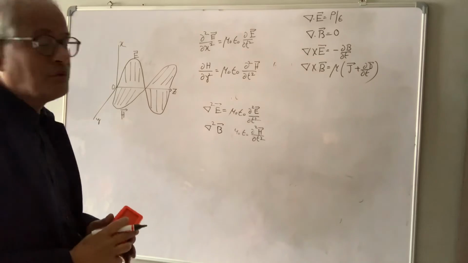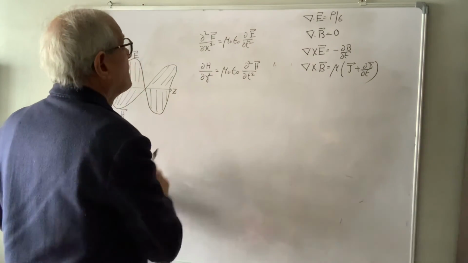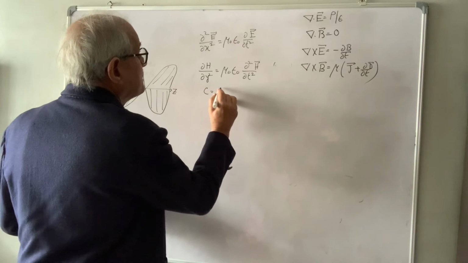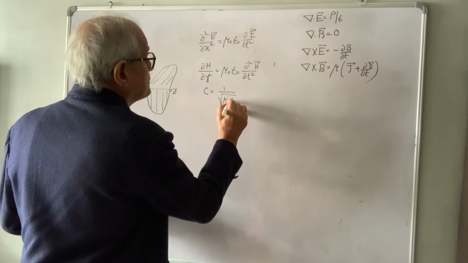These are familiar wave equations, where the velocity Vc is equal to 1 by root of mu 0 epsilon 0.